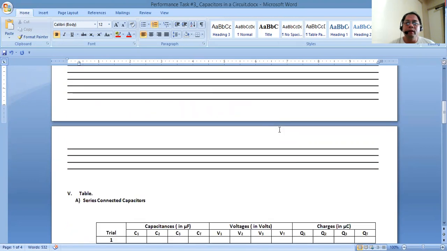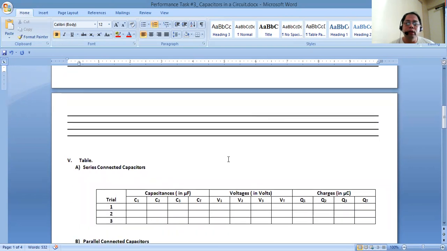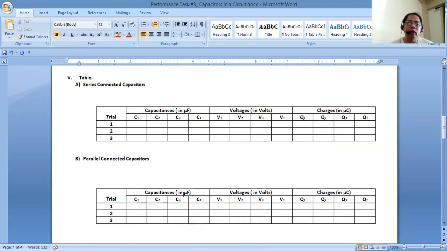Since we already had a discussion on series and parallel connected capacitances, this is how the data that you are going to gather would probably look like. The two tables are similar: series and parallel connections have exactly the same set of tables.